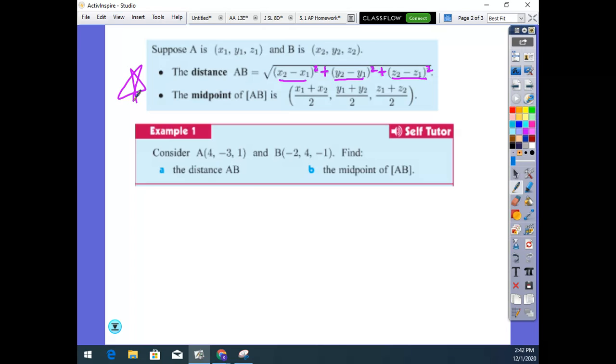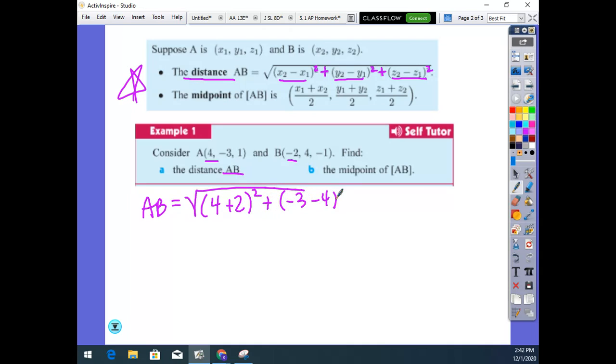Okay, so this first example really is just finding the distance, AB, so using your distance formula. So AB equals the square root of, and it doesn't matter since we're going to square it, x minus the x squared plus y minus the y squared plus z minus the z squared.